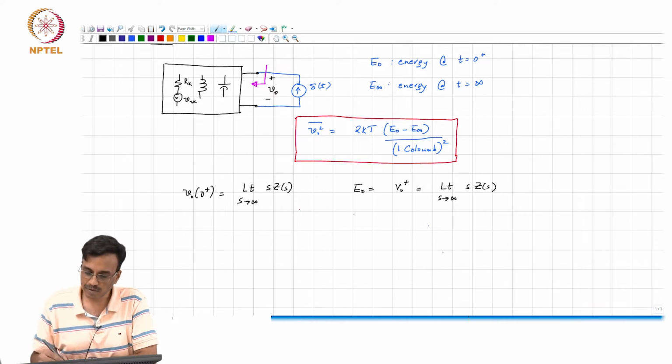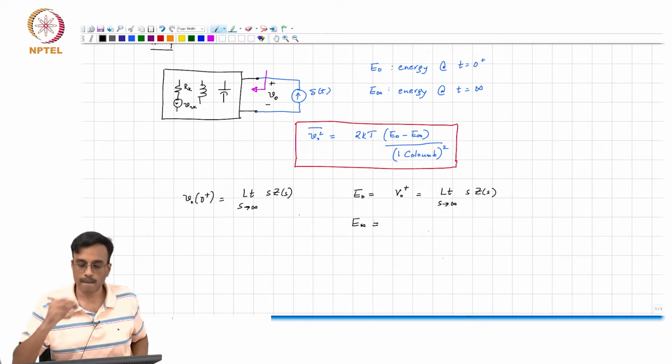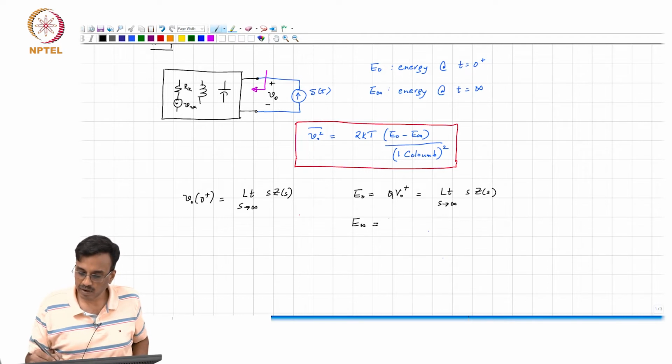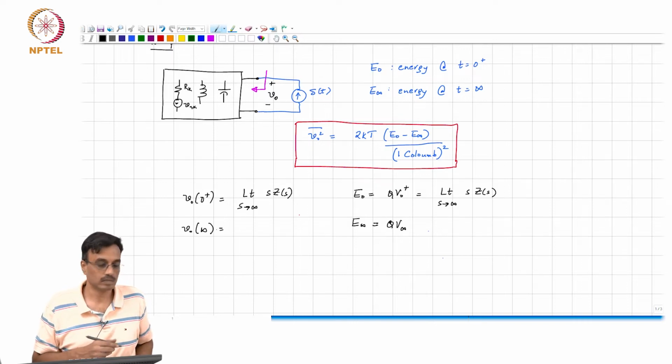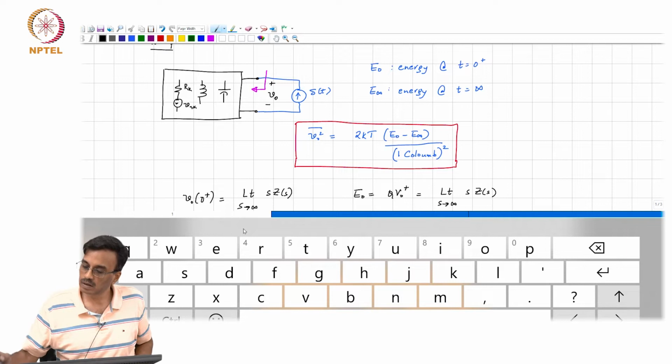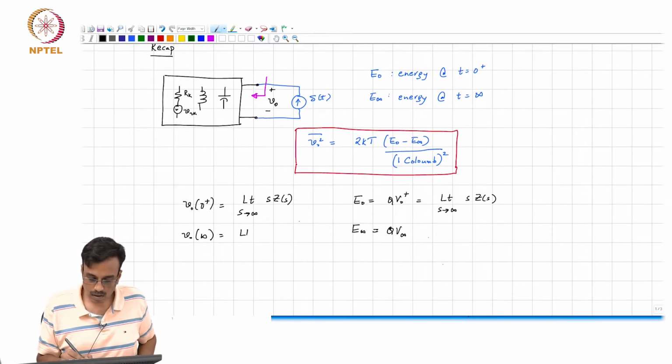And what is E infinity by the same token? Well, E infinity is simply q times V infinity. And what is V infinity? It is the limit as s tends to 0 of s times Z of s.